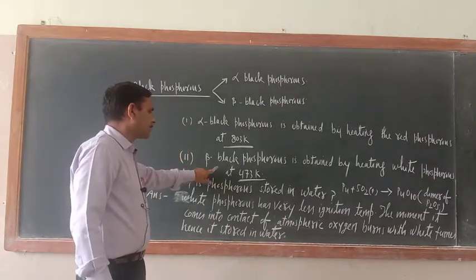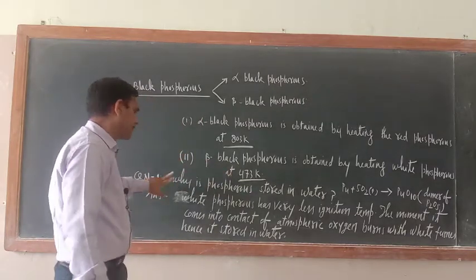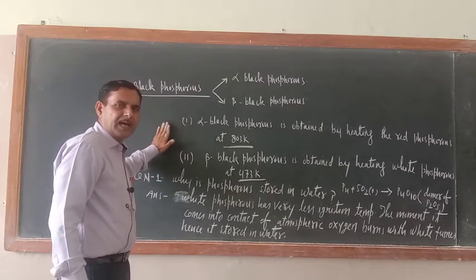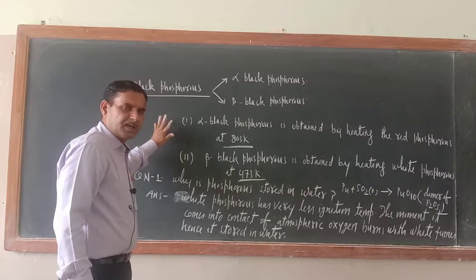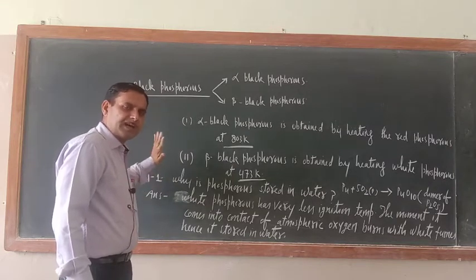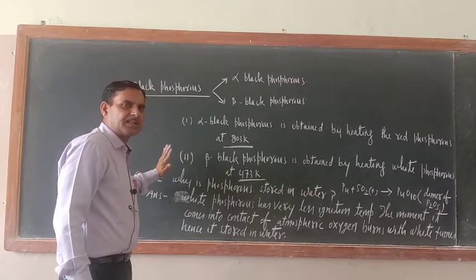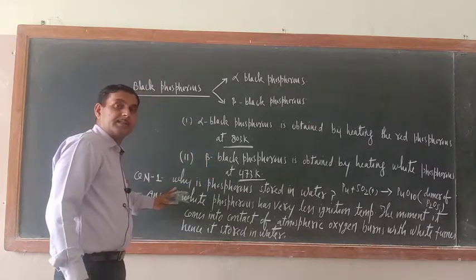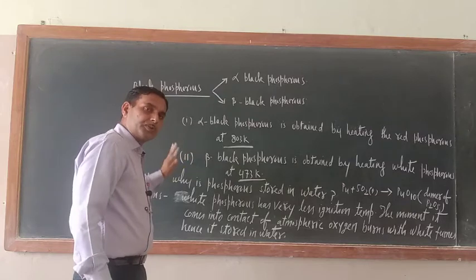So in this way the method of preparation of white, black and red phosphorus is over. Now there are certain questions based on structure and properties that should be discussed.